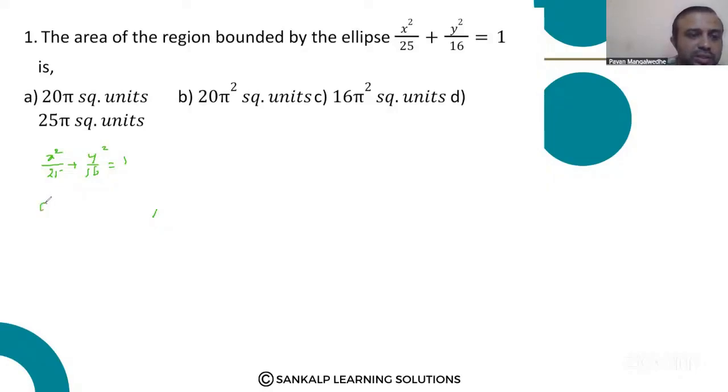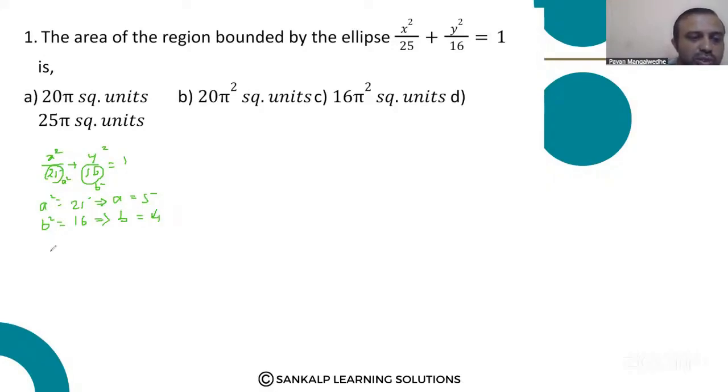Because the area of a circle is pi r square, the area of an ellipse is pi into a into b. a square is given by 25, which means that a is equal to 5. Then b square is 16, because you treat this as a square and this as b square. So b square is equal to 16, which means that b is equal to 4.